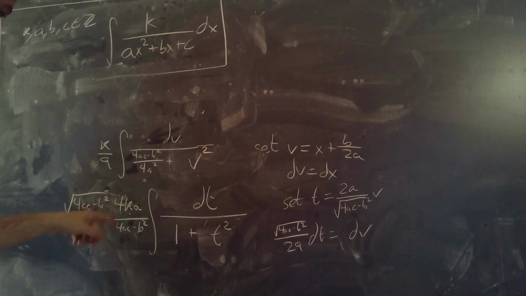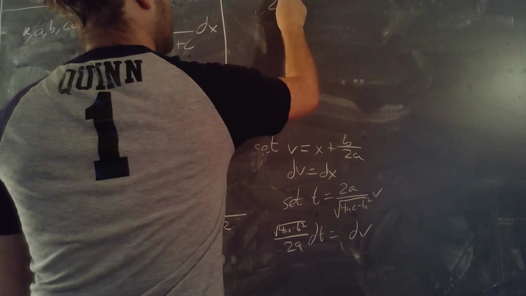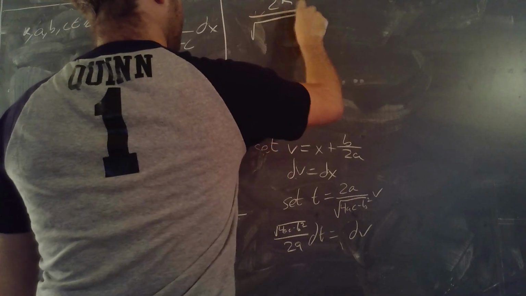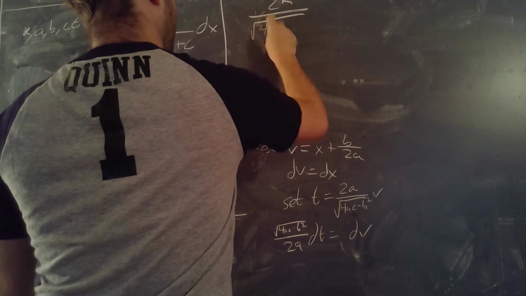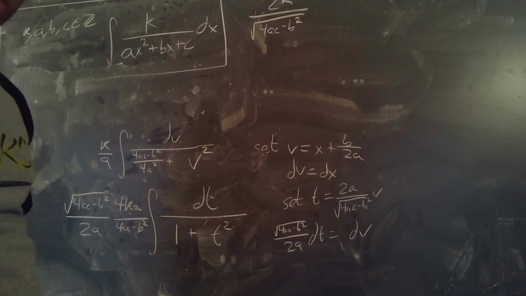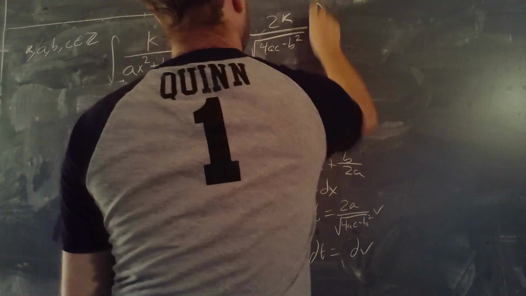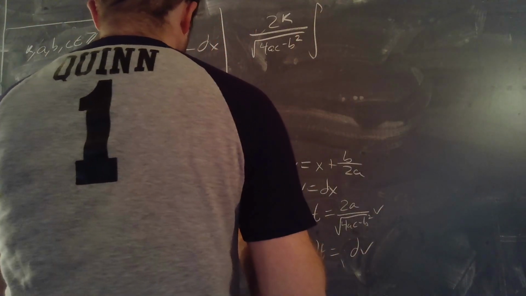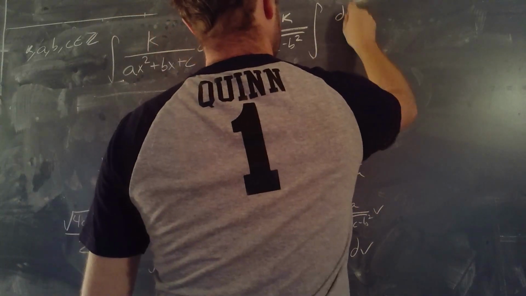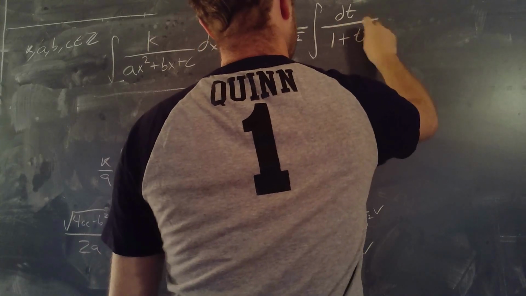That's the goal. Okay, so cleaning this thing up, we'll have the a's canceling, we'll have the 4 and the 2 canceling, so we'll have 2k on top, and on bottom we'll have the square root of 4ac minus b squared, times the integral of this thing, which is dt over 1 plus t squared.